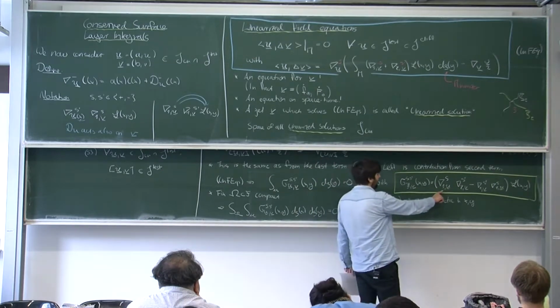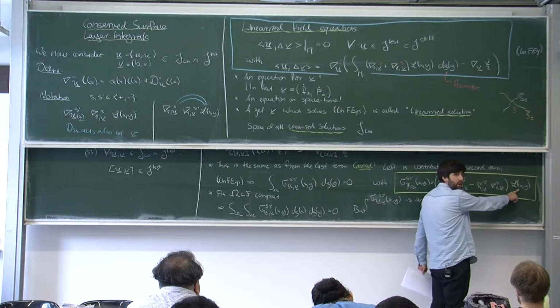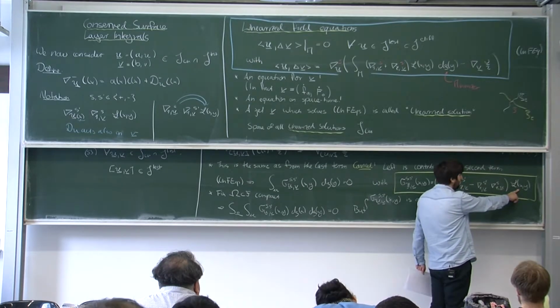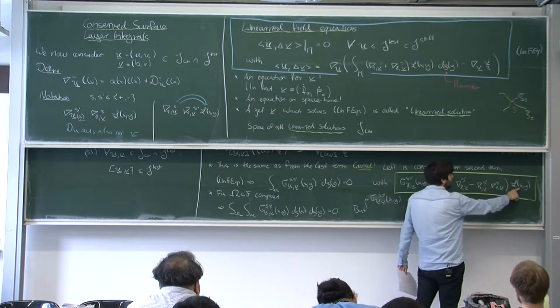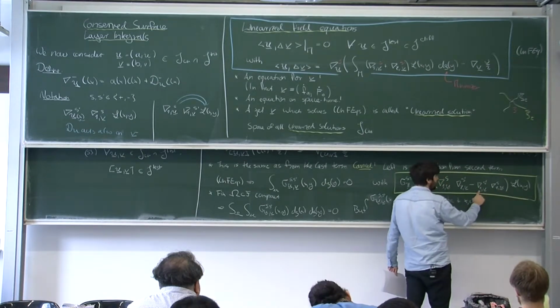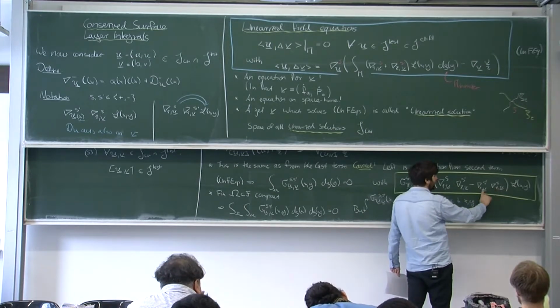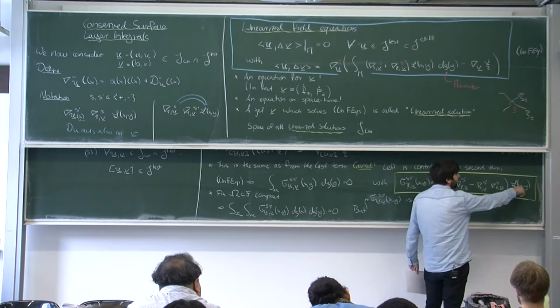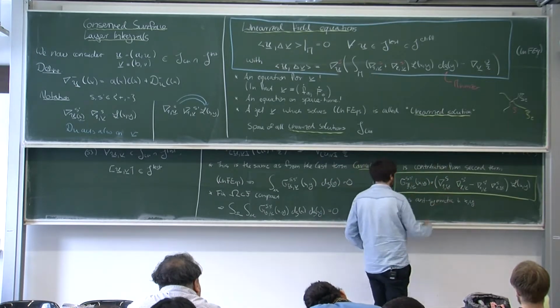If I exchange x and y, I know L is symmetric under the exchange of x and y. But this term here, if I change x and y, becomes a second derivative, and this becomes a first derivative, and those two things commute because they act on different variables of L. So therefore this thing is just antisymmetric in x and y.